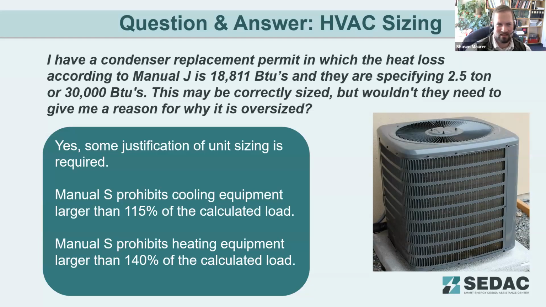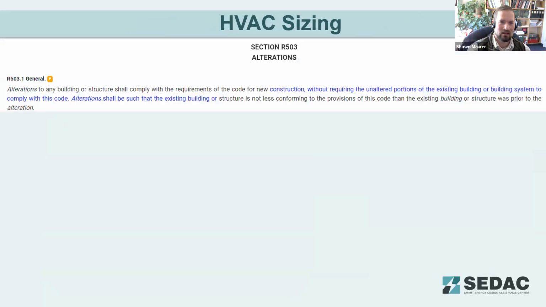Generally, picking the next size up unit complies with that Manual S requirement. But as we're looking at this answer here, a 2.5 ton is more than just the next size up. So if the loads don't show that, that system would be oversized and not justified for installation. So again, we'll walk through our sections. It's an existing building where they're altering the mechanical system.